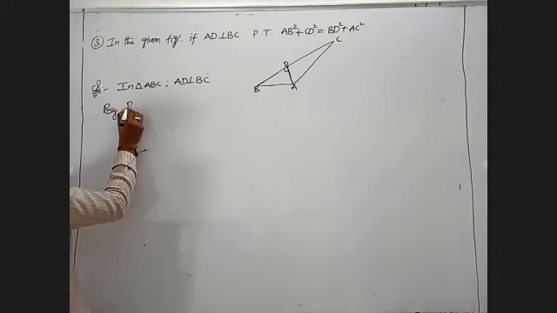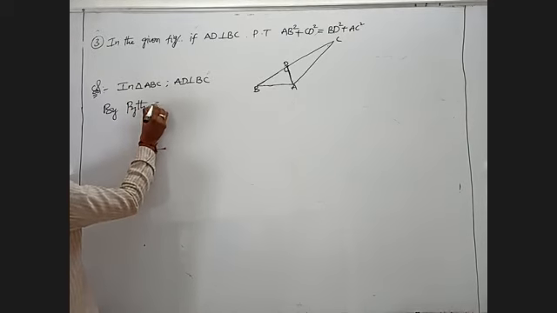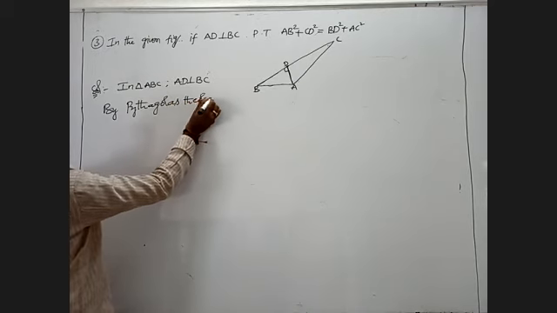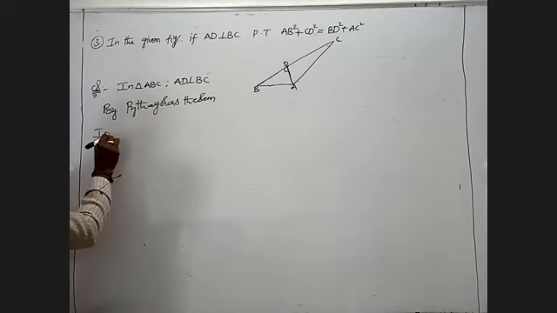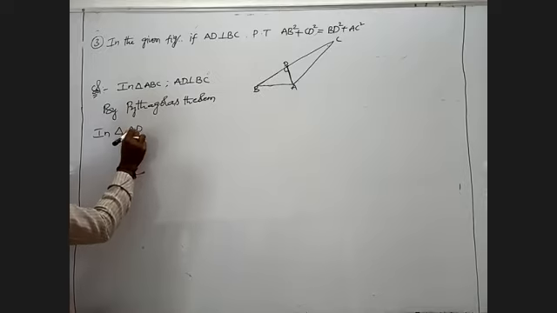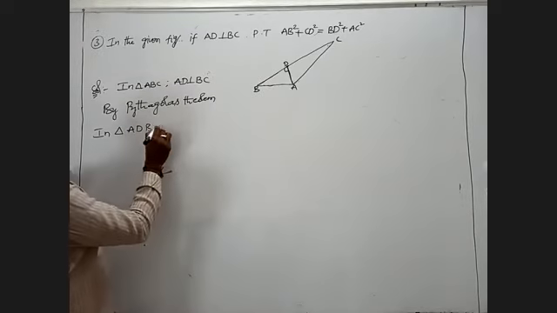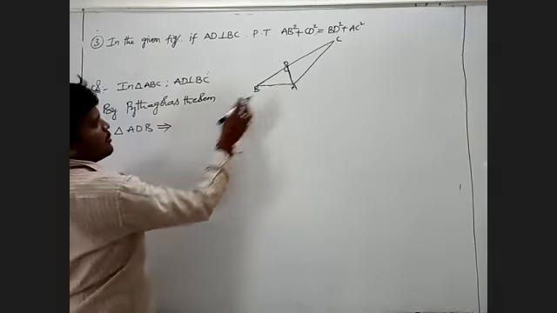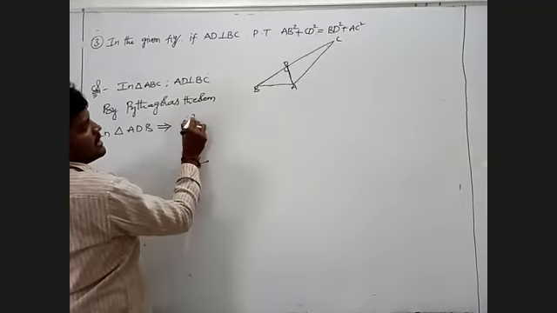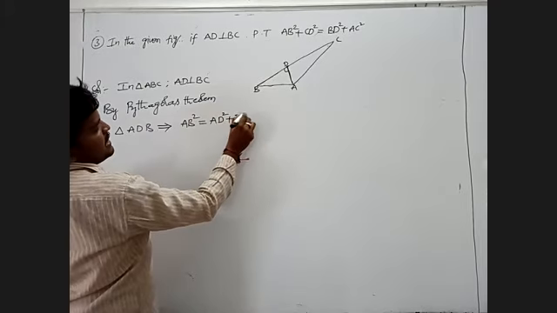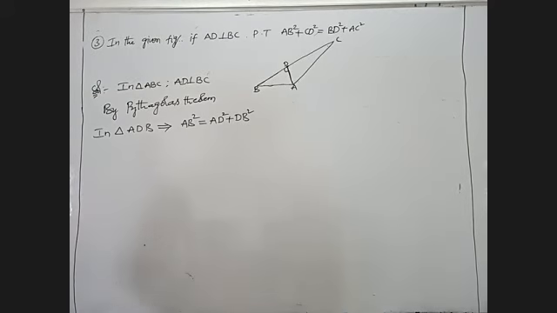In triangle ADB, where hypotenuse is AB, I will write AB square is nothing but AD square plus DB square will write.